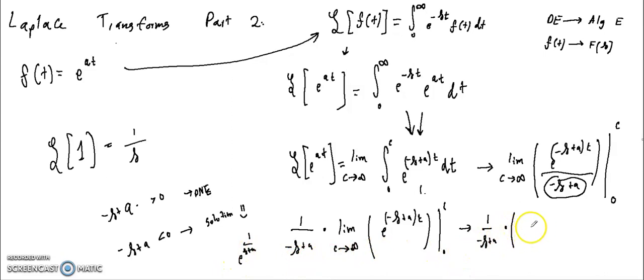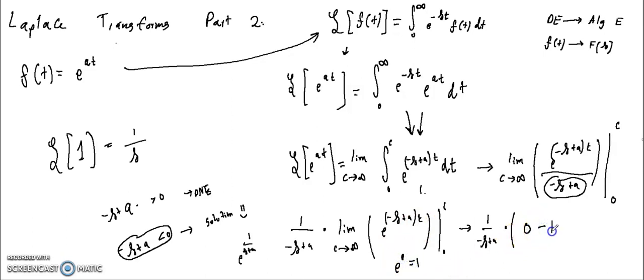So this would result in our constant, 1 over negative s plus a, times 0, since we plug in infinity here. We're going to assume that negative s plus a is less than 0. And then we plug in 0 for t, and we just get e to the 0, which equals 1.